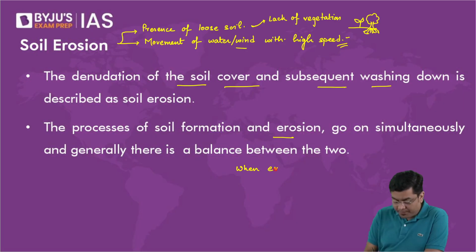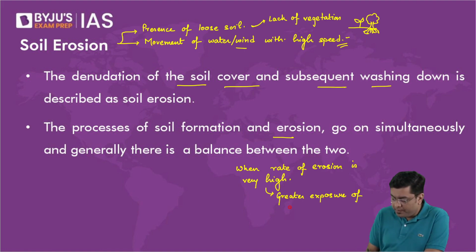when the rate of erosion is very high, in that case, what is observed? You will observe greater exposure of subsoil, and subsoil is going to be infertile.